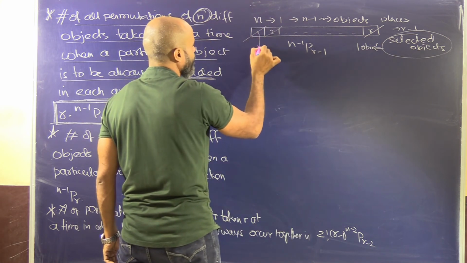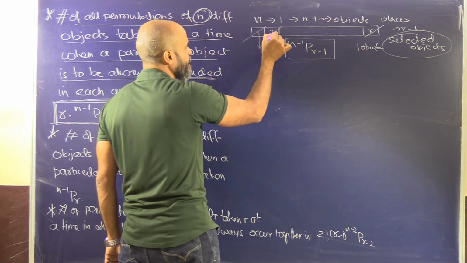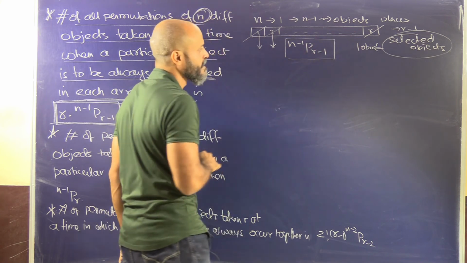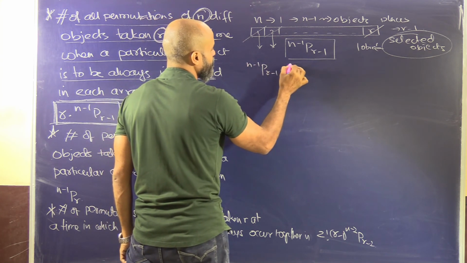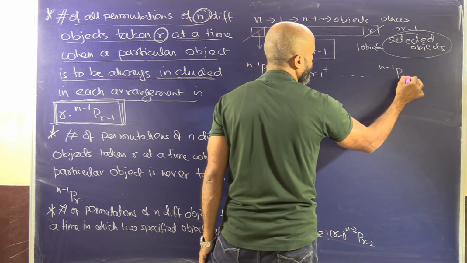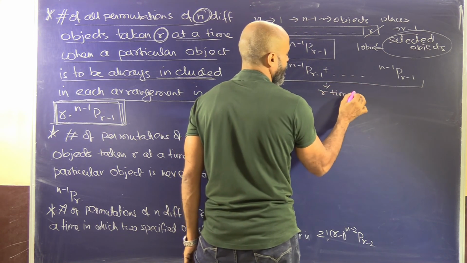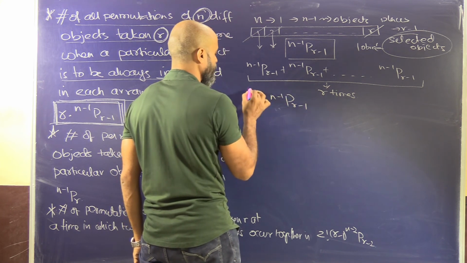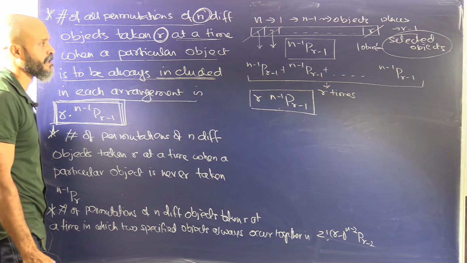If I place it here, the remaining places can be arranged with n minus 1 objects in (n minus 1)P(r minus 1) ways. If I place it somewhere else, again the remaining places can be filled in (n minus 1)P(r minus 1) ways, and so on. How many times? r times. So this will be r times (n minus 1)P(r minus 1). This is the number of ways of filling it.